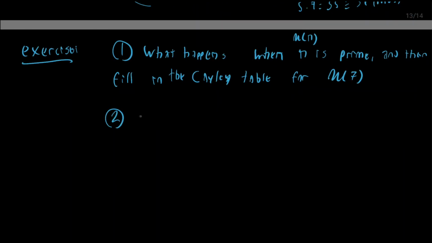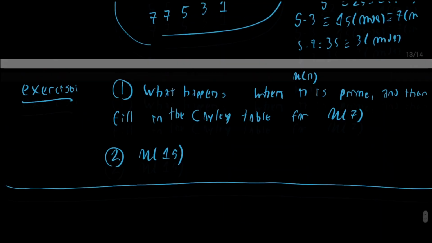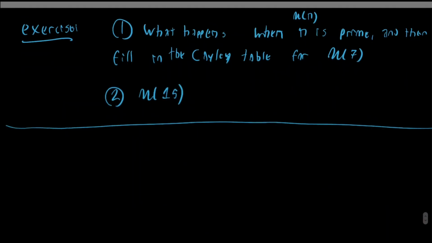And then as the second one, try filling the Cayley table for U(15). These are two exercises that will help you build confidence with these sorts of groups.